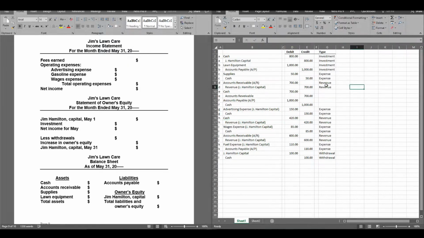Let's look at every time we have a revenue entry right here. Revenue. We're going to take revenue here, right? Revenue here. Revenue here. We should have 1720.